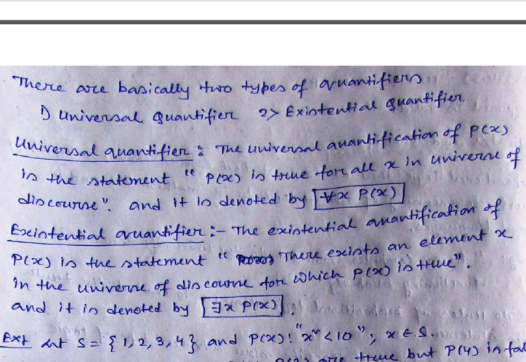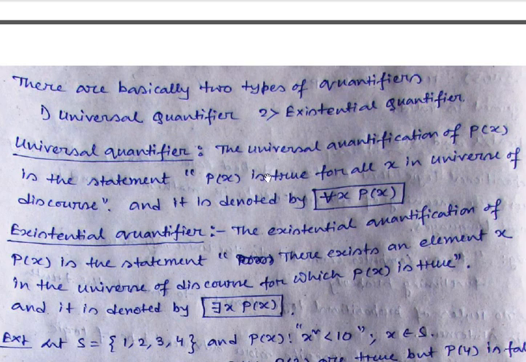What is the universal quantifier? Suppose you have a domain D from which you can choose all values of the variable x, and you put those values inside the propositional function P(x), and you see that P(x) becomes true for each and every value of x lying in the universe of discourse.